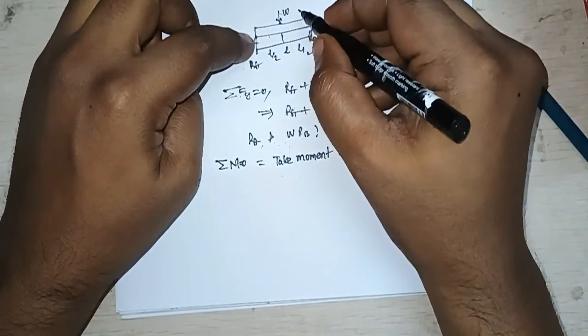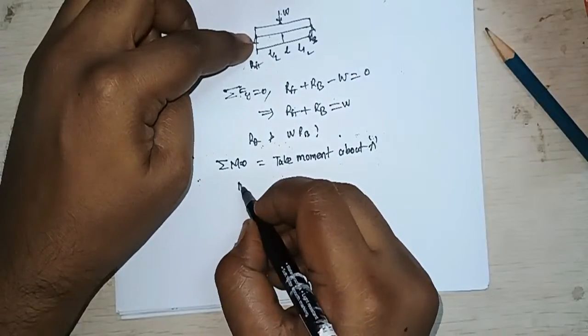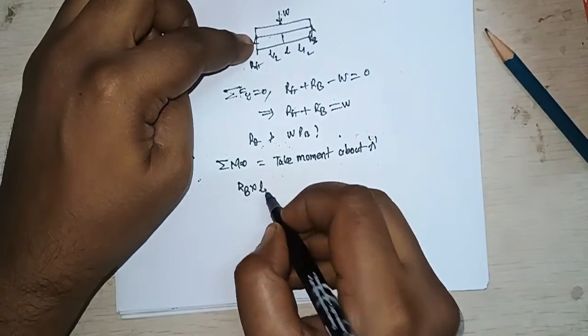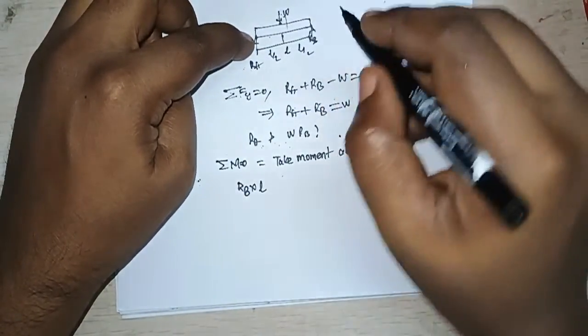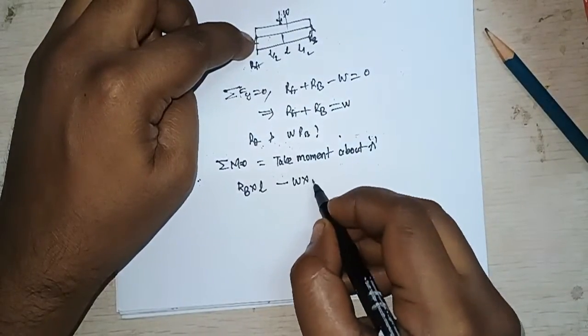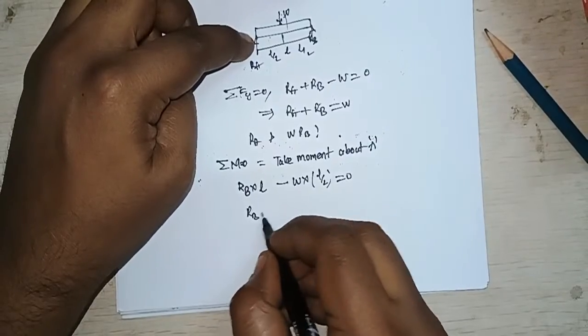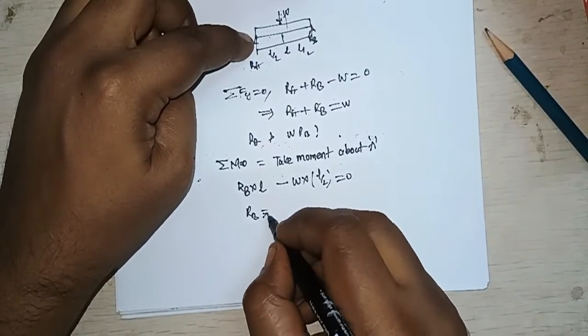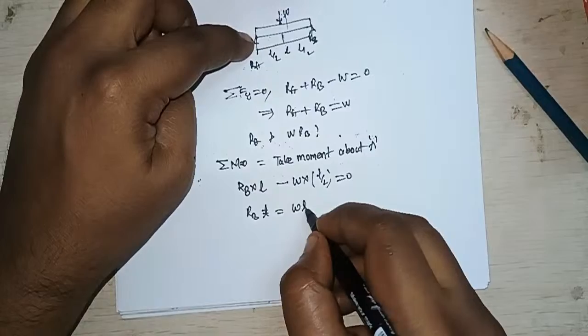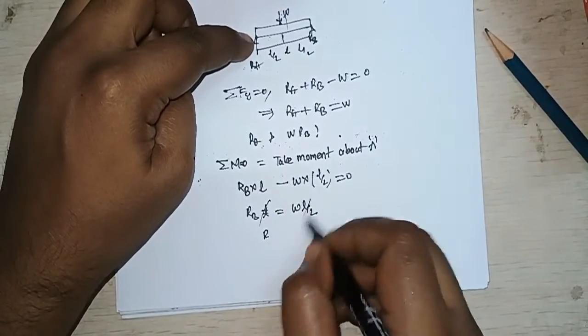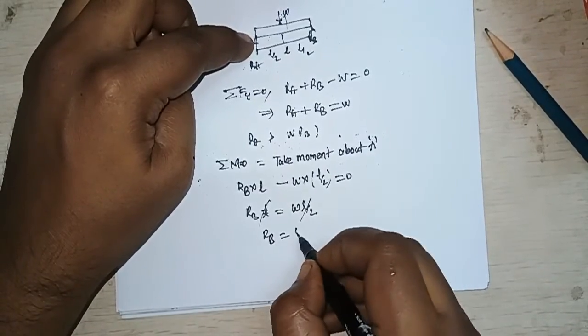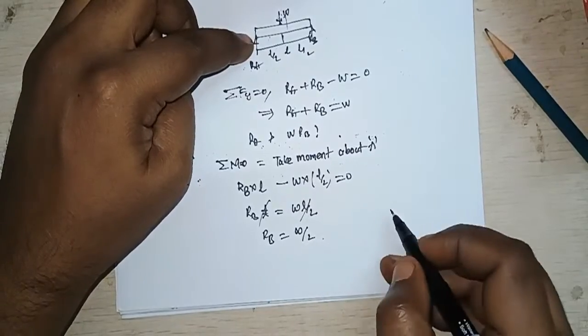RB is going in upward direction, so RB into L. W is going in downward direction, W into L by 2 is equal to 0. So RB into L is equal to WL by 2. This L gets cancelled. RB is equal to W by 2.